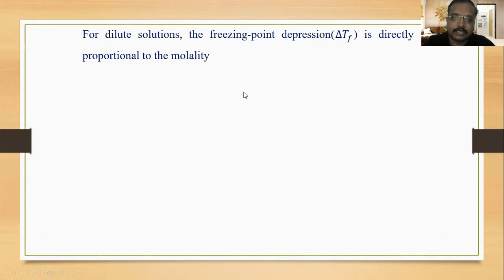Here also, in dilute solutions, delta TF is directly proportional to molality. So we can write delta TF is proportional to small m. What is small m? Molality of the substance. Yes, very good.